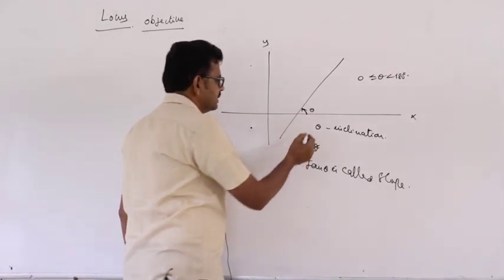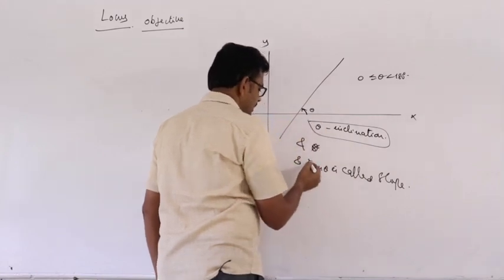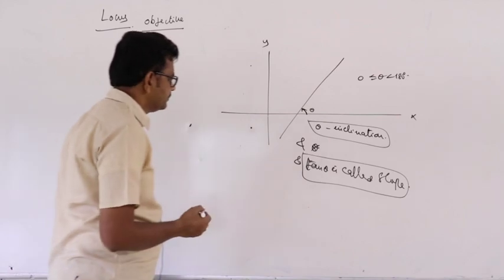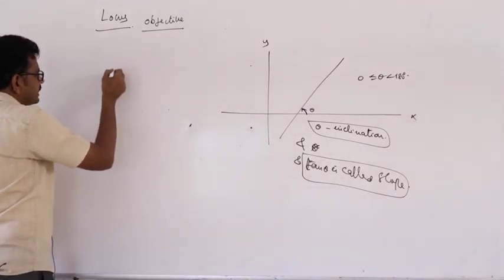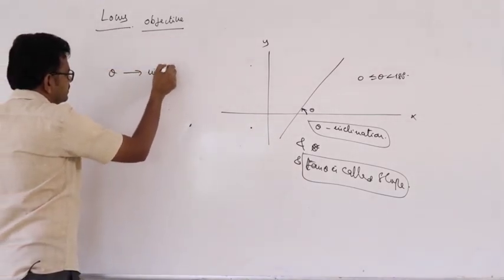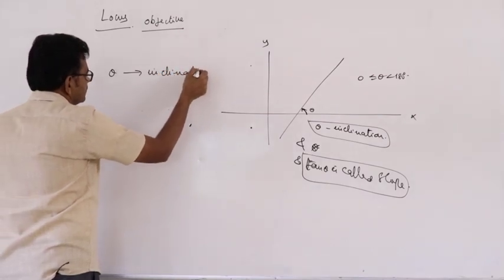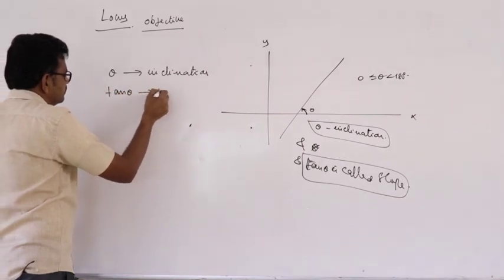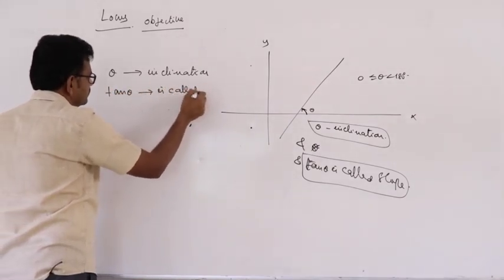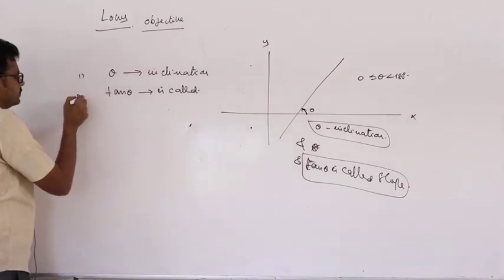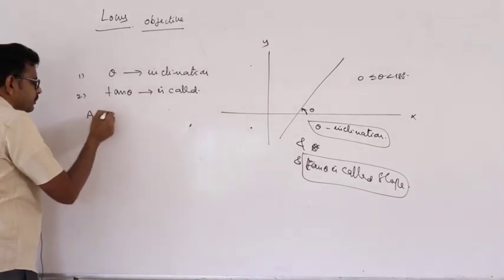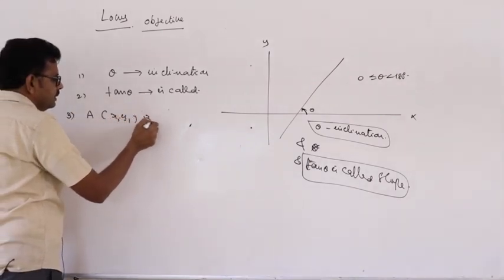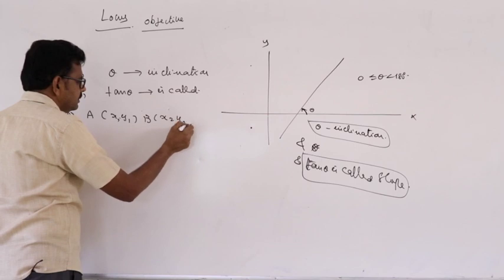So theta is inclination, and tan theta is slope of the line. Now take two points, point A (x1, y1) and B (x2, y2).